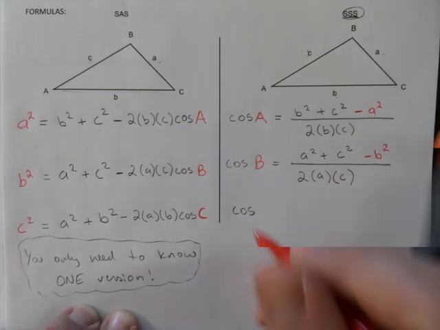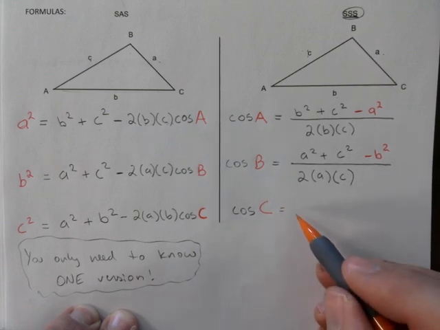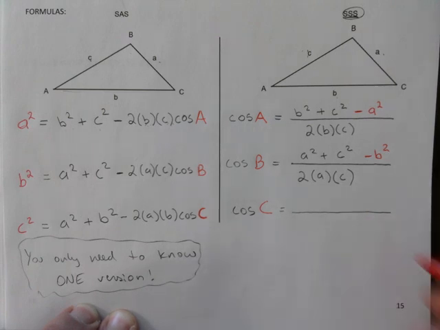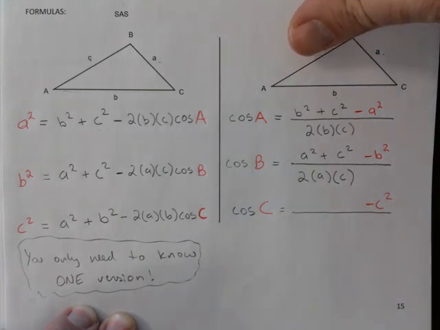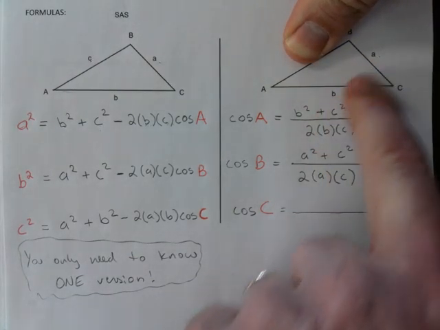Cosine of C, last one. Watch this. I'm going to go a long line like this. And then I'm going to go minus c squared first and foremost. So if c is taken, watch up here, I'm going to cover up c with my thumb. So you're left with a and b.